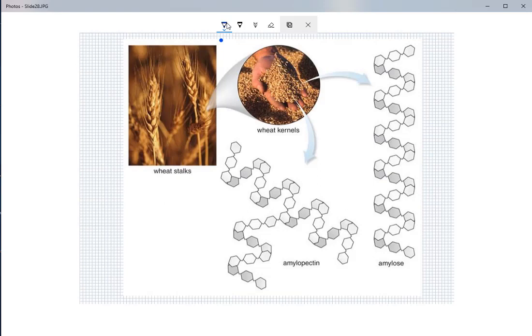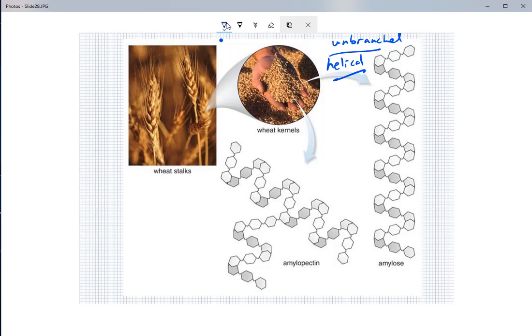All right, so here we see amylose, and again, this is unbranched. Amylose is unbranched, and it forms this regular spiral staircase or helix. So it's helical and not branched.